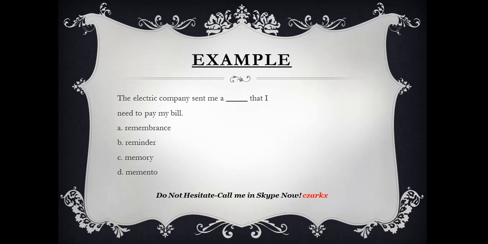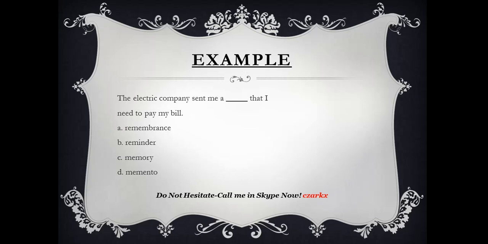All right. Now, let's say now that you see the pattern here that we have two choices, A and B, that start with re, so they have the same prefix, re, right? And a different root, mem, remembrance, and mind, reminder. And we have another two choices that don't have a prefix, but they have the same root, memory, mem, memento, mem.